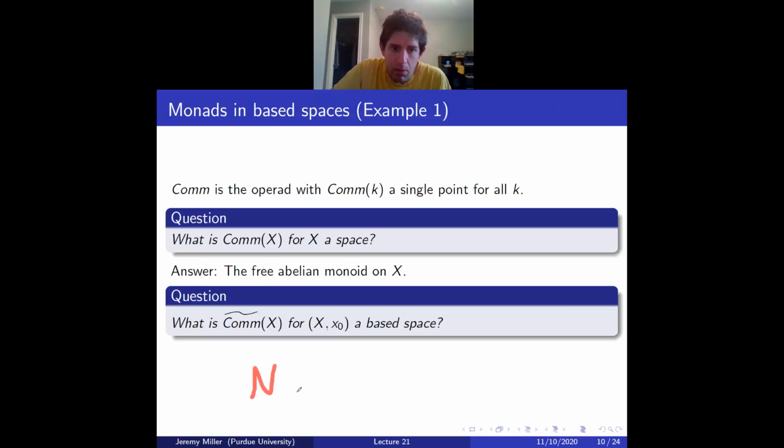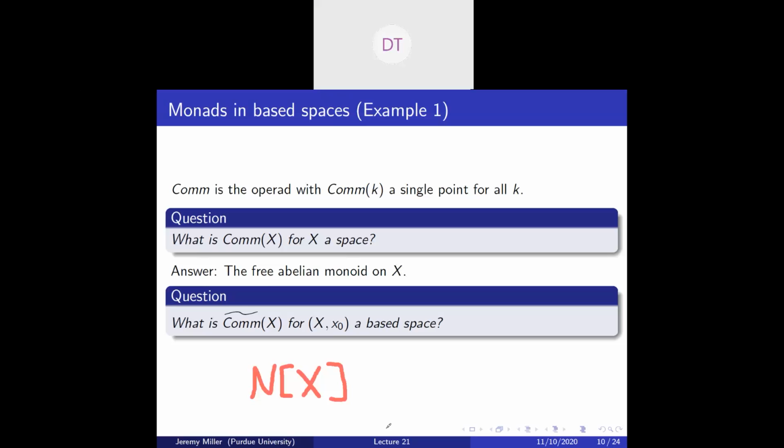Yeah, I don't know. Can you literally mod out by the base point? Yeah, so that'll be the answer.